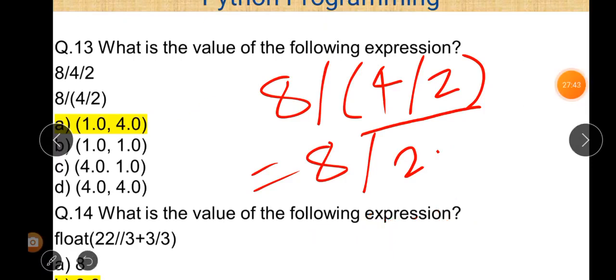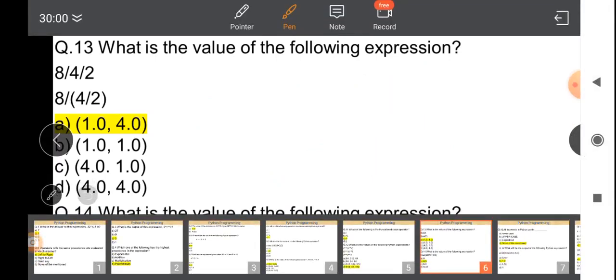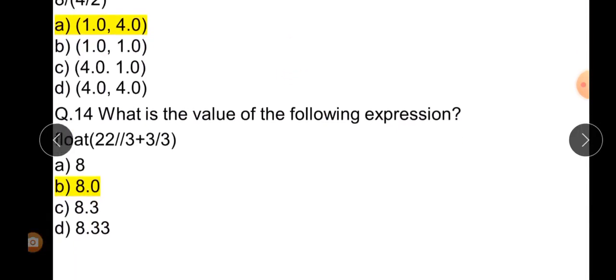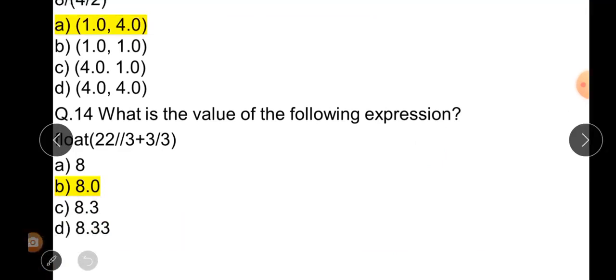Okay, let us take another question. Question number 14 says: what is the value of the following expression? Given that float is there, it means explicit type conversion is there.